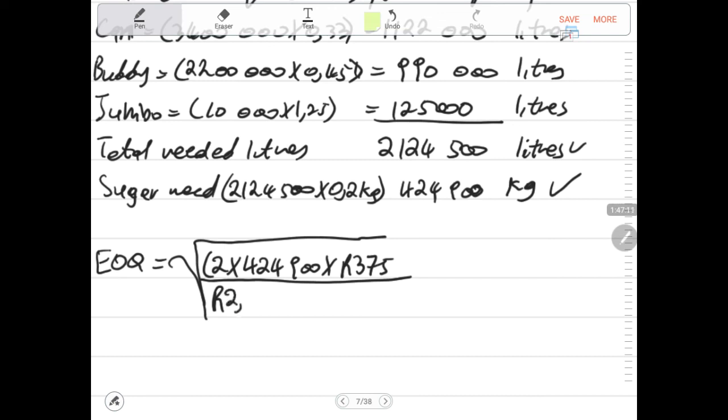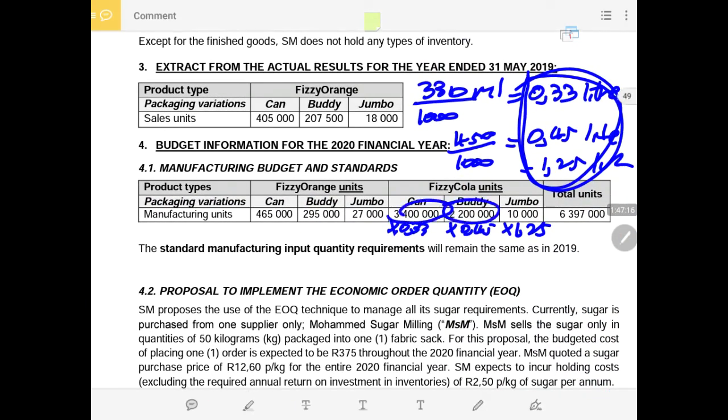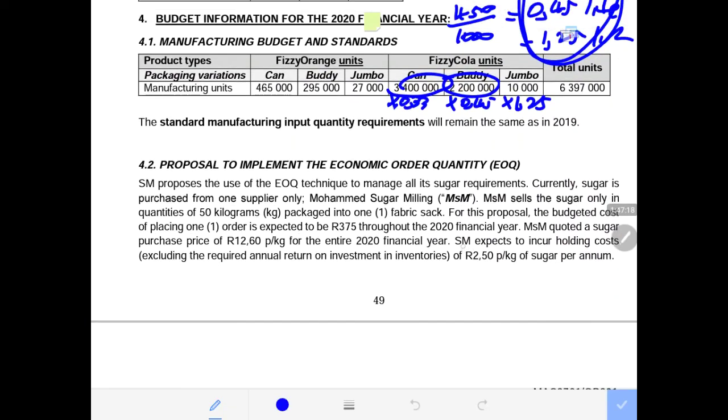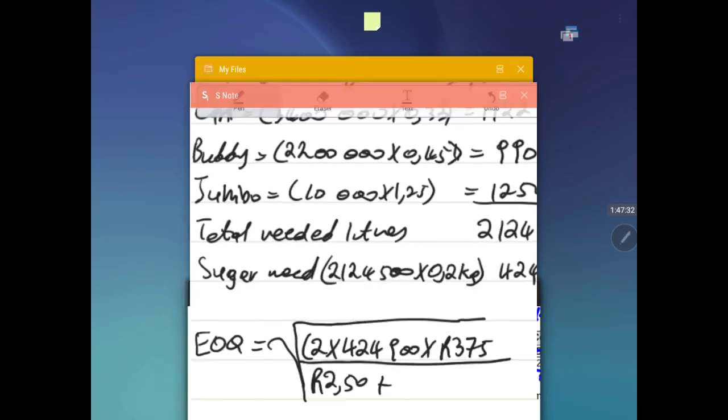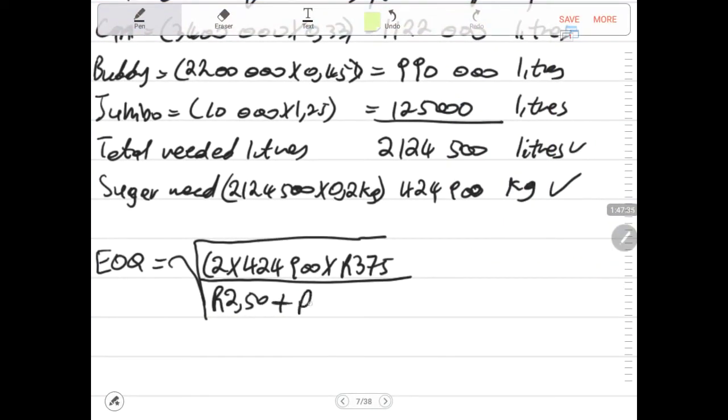2 rand 50 cents, plus, let us just verify that holding cost. The holding cost expects to incur holding cost of 2 rand 50 cents, excluding the required rate of return on investment. There we have the purchase price 12 rand 60 cents. Purchase price, remember, this is price times by interest, so that will be 12 rand 60 times by 10.5%.